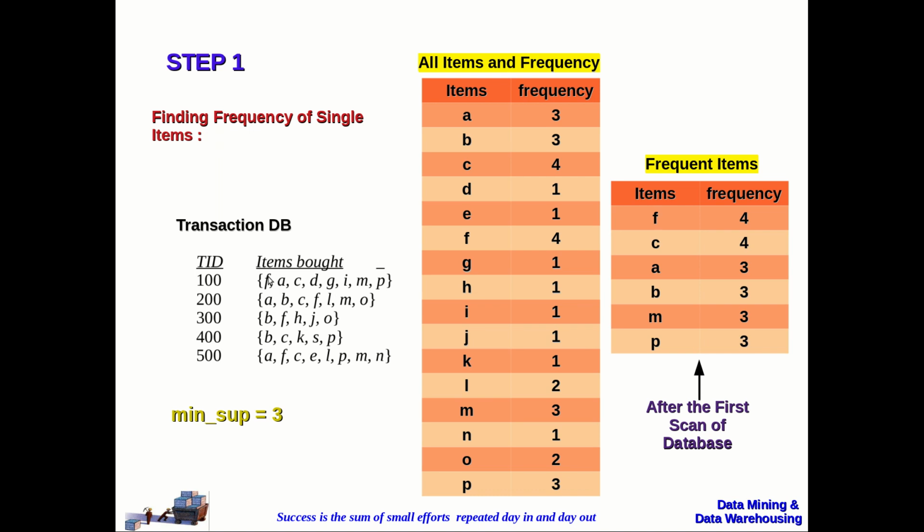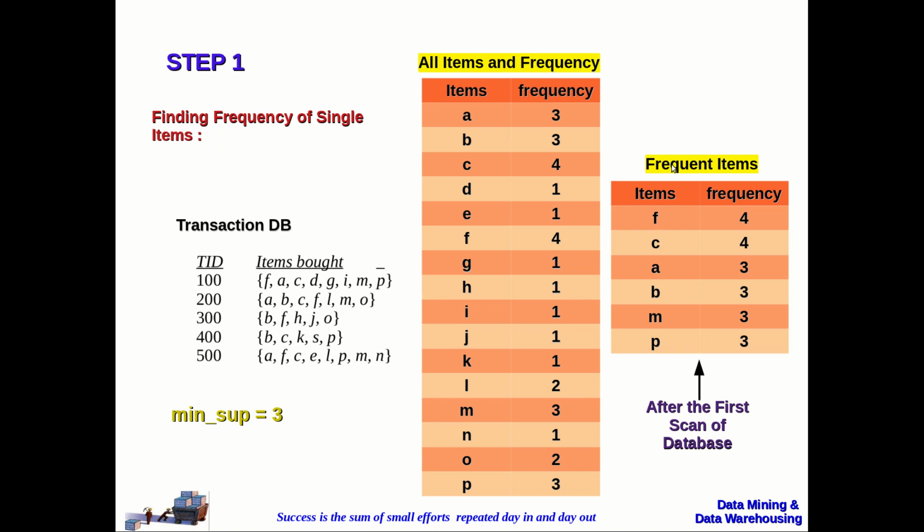As the first step, we find the frequency of single items. Here all the items are listed and the frequency is listed. The minimum support is considered to be 3.